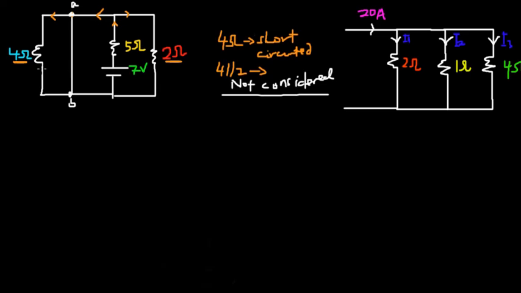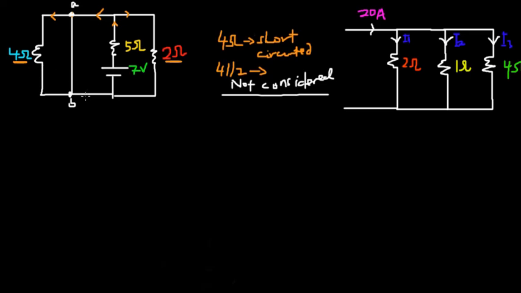Now this 4 ohm resistor is in parallel with this 2 ohm resistor, so the 2 ohm resistor will not be considered, because the 4 ohm resistor has been short circuited, hence affecting the parallel arrangement.